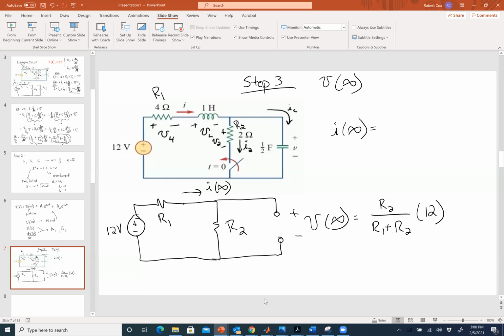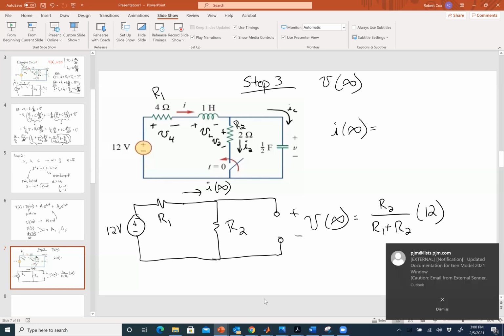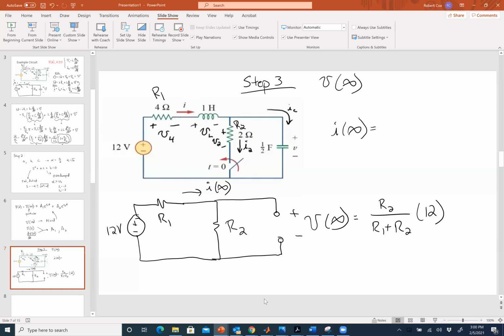No, it would be 0 if it was an open circuit. 12 over the other one. Yeah. So remember, it's the inductor current. The capacitor current, if I talked about its steady state value, would be 0. But the inductor current, I of infinity, would be 12 divided by R1 plus R2.